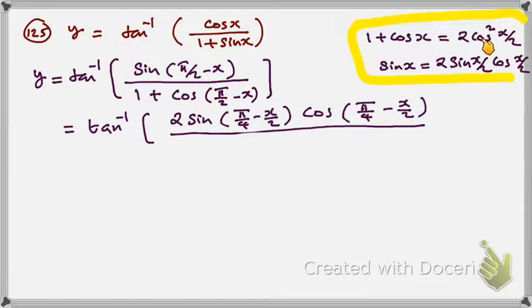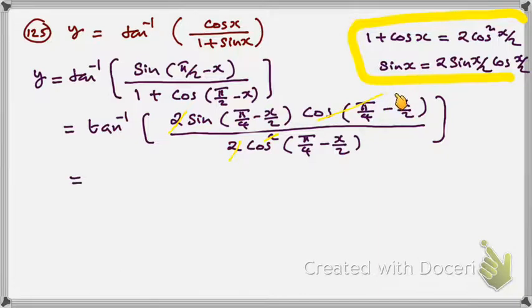1 plus cos theta is 2 cos square theta by 2. So the denominator would be 2 cos square half of this angle, which is pi by 4 minus x by 2. So 2 cos square pi by 4 minus x by 2. So this 2 and 2 will cancel. Cos pi by 4 minus x by 2 and one of the terms cos pi by 4 minus x by 2 from the denominator will cancel.